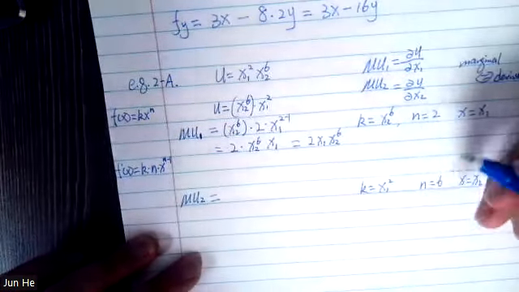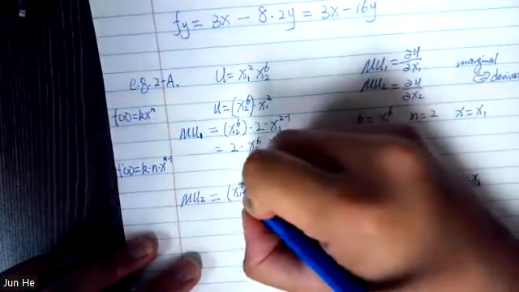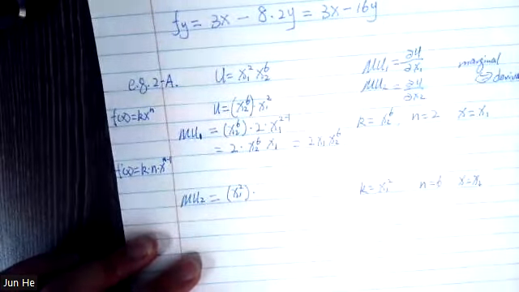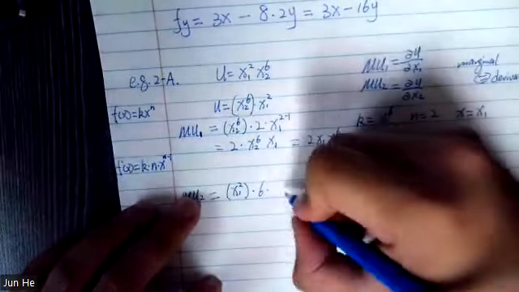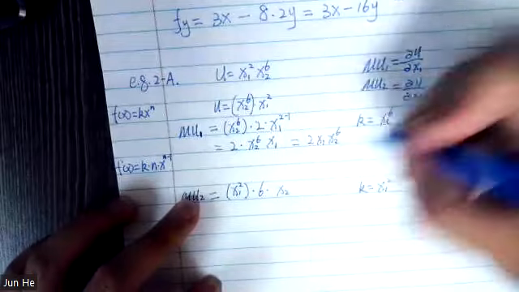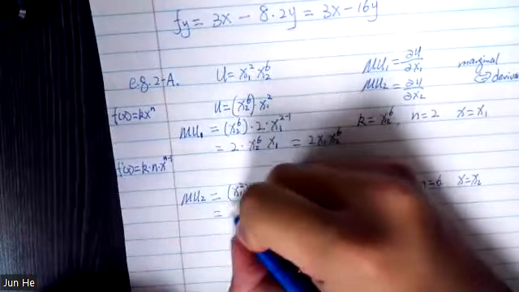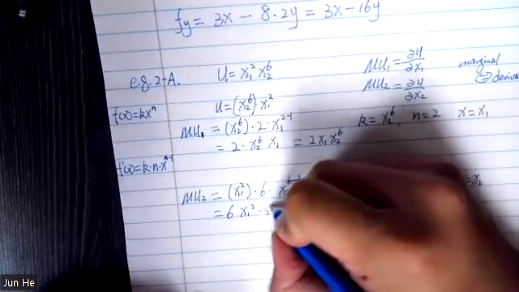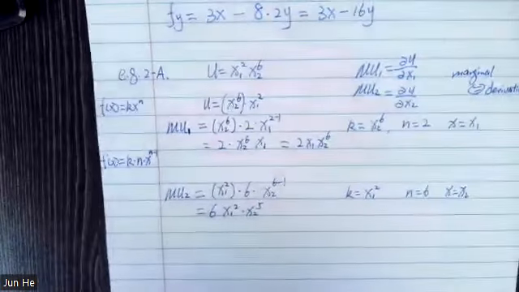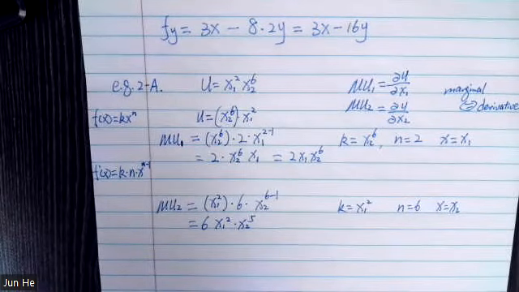So here, then the derivative is, we keep k, which is x1 squared, unchanged, multiplied by n, by x, which is x2, to the power of n minus 1. So it is 6x1 squared multiplied by x2 to the power of 5. That's how you work out the partial derivatives.